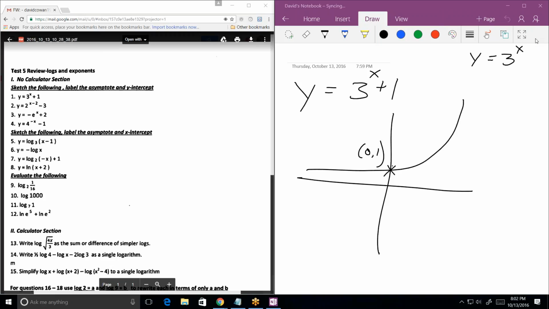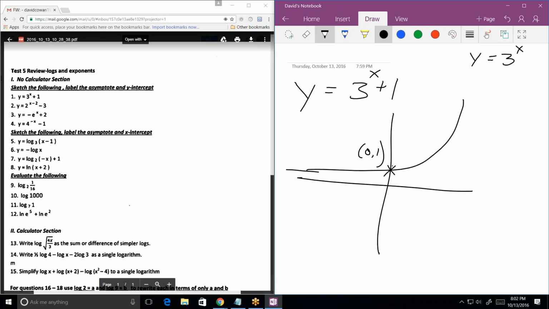Okay. So what I've drawn is y equals 3 to the x. What's the difference between y equals 3 to the x plus 1 and y equals 3 to the x? Would it just be moved up? Yes, exactly. Be moved up. Now, y equals 3 to the x has an asymptote where? Would it just be at 2?